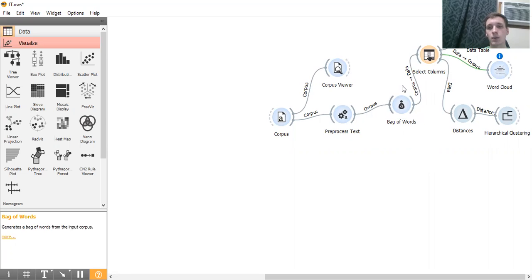And then we went in and added the select columns, per the video that was posted, to take out the term "liked" that was being used in there. Instead of counting "liked" as a word that was describing the restaurant, it was a separate word describing the review.